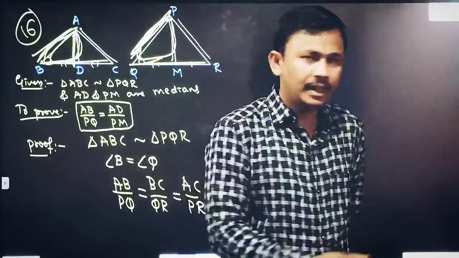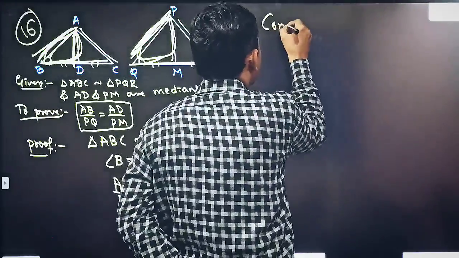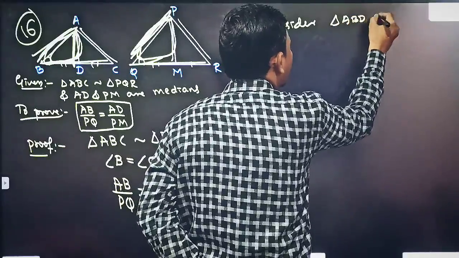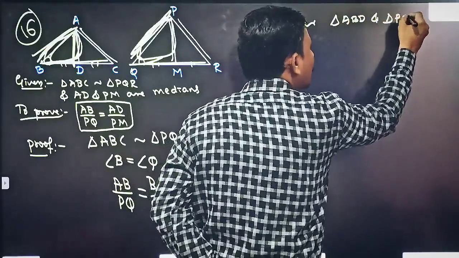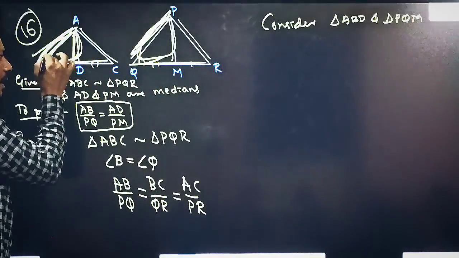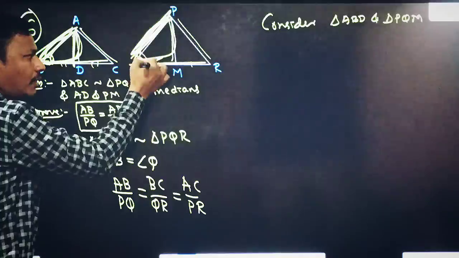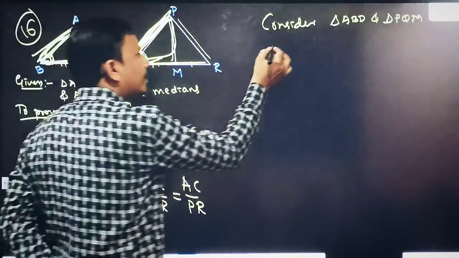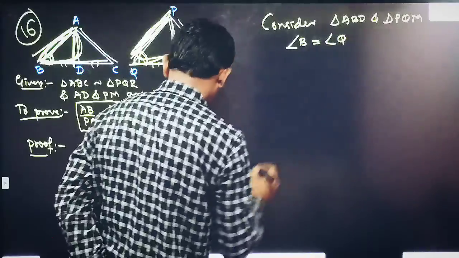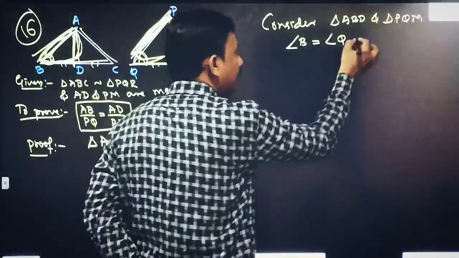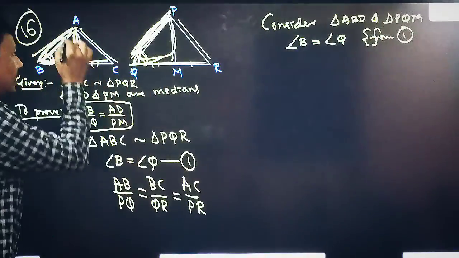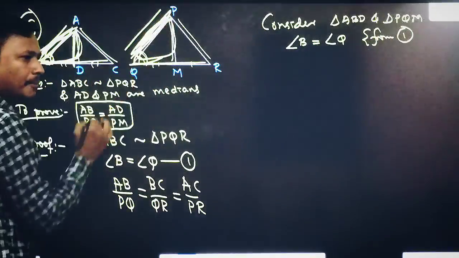Consider triangle ABD and triangle PQM. In triangle ABD, angle B is equal to, in triangle PQM, angle Q. Angle B is equal to angle Q, because from equation number 1.